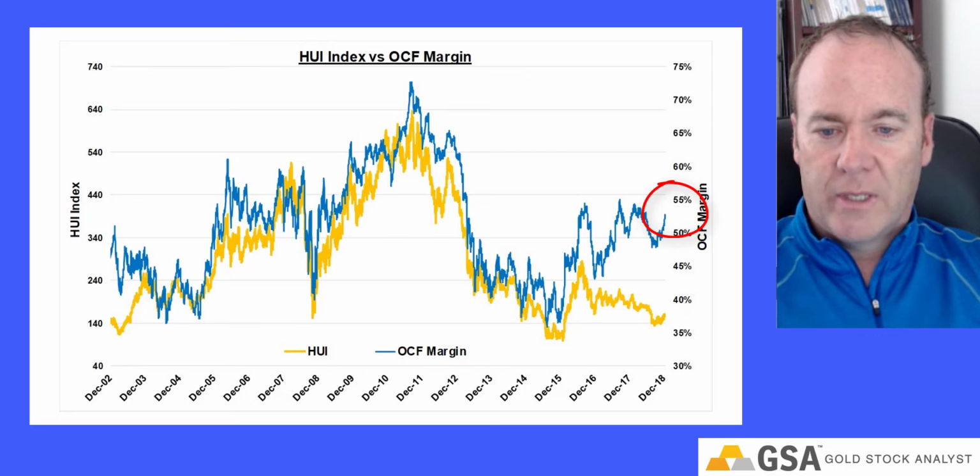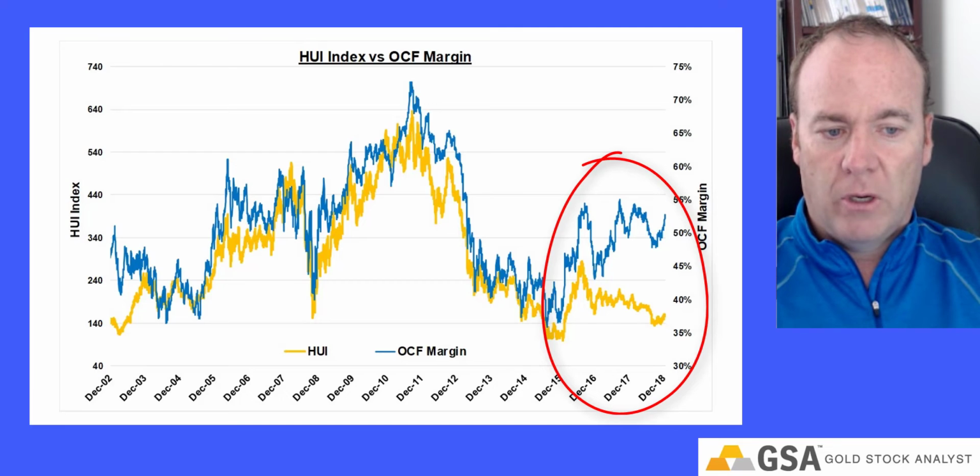But you can see the really tight correlation right here. It's a 98% correlation, but that starts breaking down in 2015, where gold stocks really have not responded. The margins have crept higher, but gold stocks have not kept pace. So as you can see here, there's a large gap between the HUI index and the operating cash flow margin.